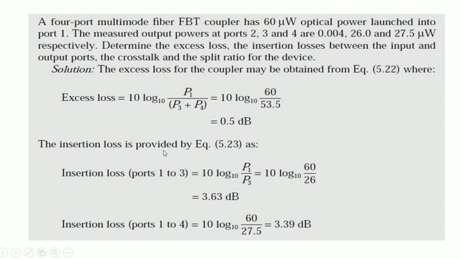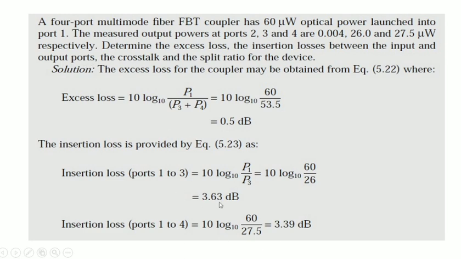Next, you need to calculate insertion loss too. As I told, port to port we need to consider: port 1 to port 3, one output port, and port 1 to port 4, the second output port. For both cases you need to consider losses, since they have given insertion losses, plural.